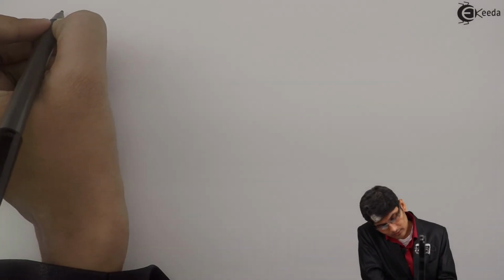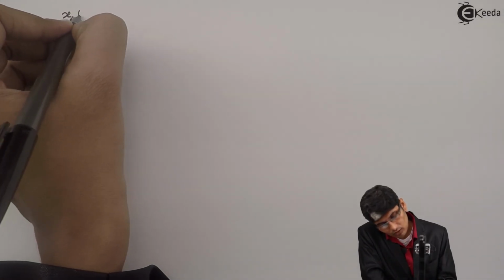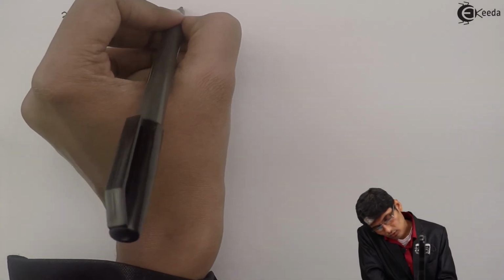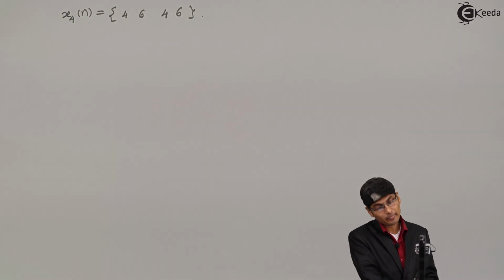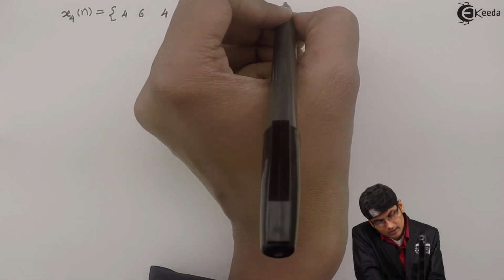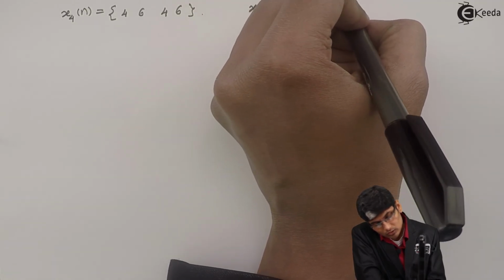Now, the last and the final part. So, if we go for the fourth sequence which is given as x4 of n which is equal to 4, 6, 4, 6. Now, my x of n is equal to 1, 2, 3, 4.